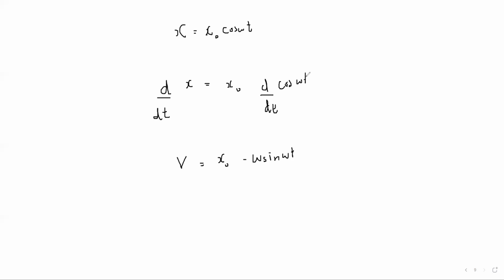I'm not going into mathematics now, but for example, if I take a derivative of cos theta, it will be negative sine theta. And if I take a derivative of sine theta, it will be cos theta.